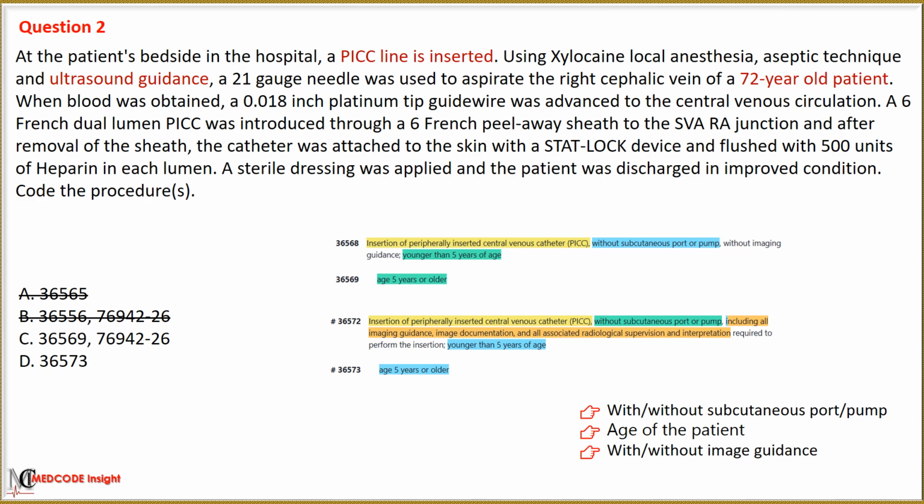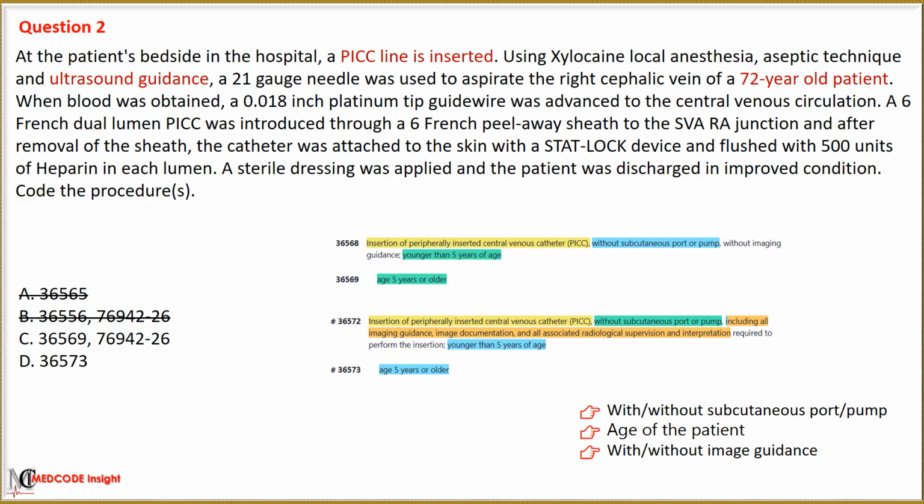Since the scenario doesn't mention a subcutaneous port or pump and the patient is older than 5 years, as mentioned in both code 36569 and 36573, we move to the last keyword of imaging guidance to select the correct option.